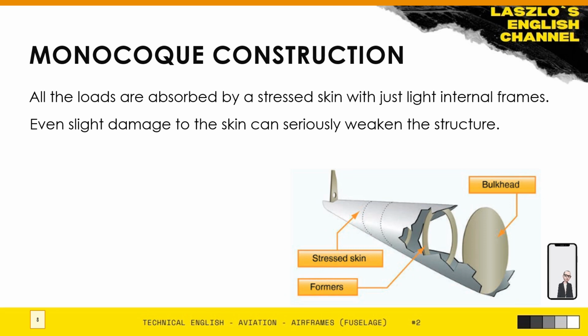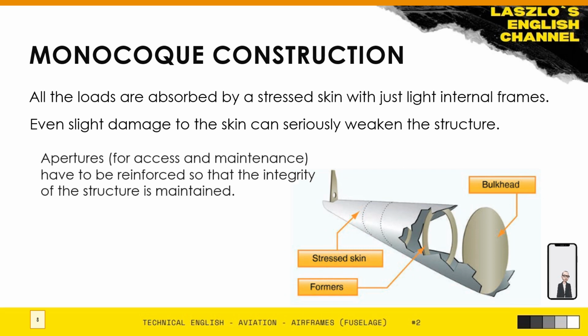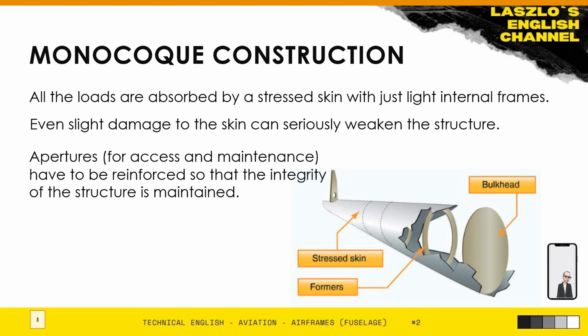much like an egg. But of course, for practical reasons in an aircraft you have to have some openings for access and for maintenance. But these openings, of course, are reinforced so that the integrity of the structure is maintained.